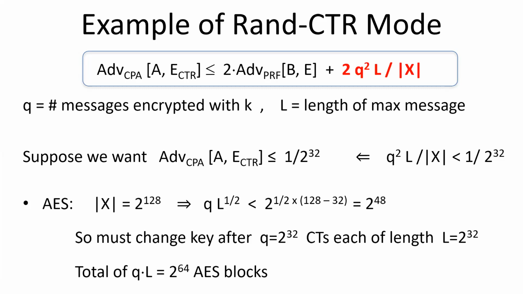Okay, so for example, if messages are basically no more than 4 billion blocks, then you can encrypt so many of them, and that's a huge number. So this will tell you where you should refresh the key.